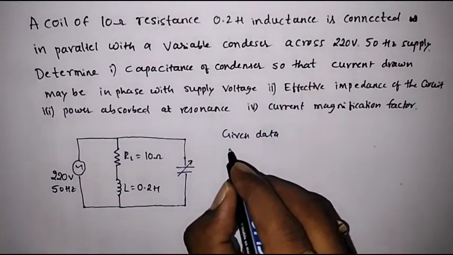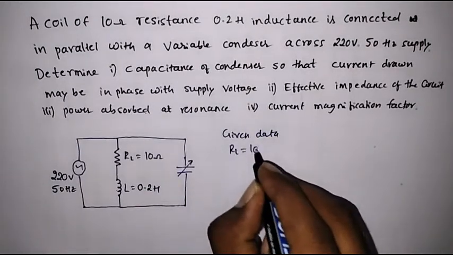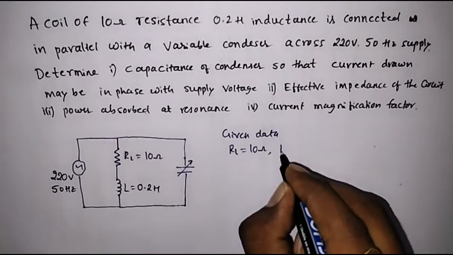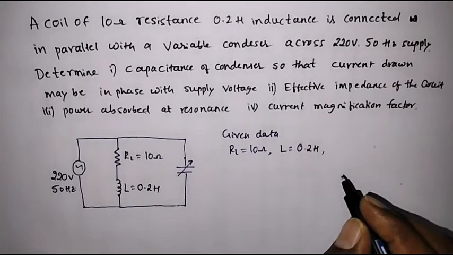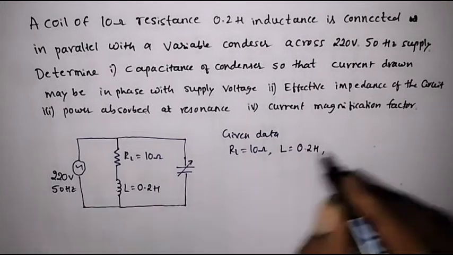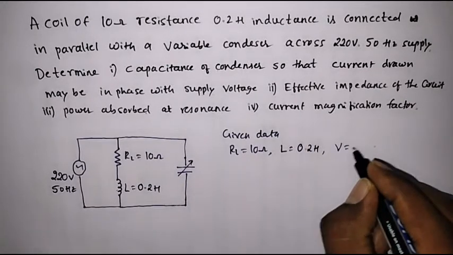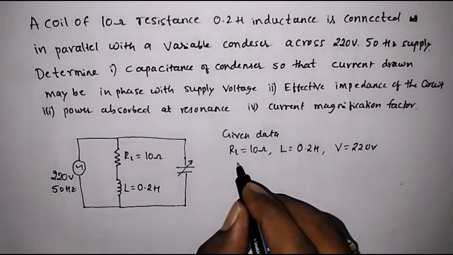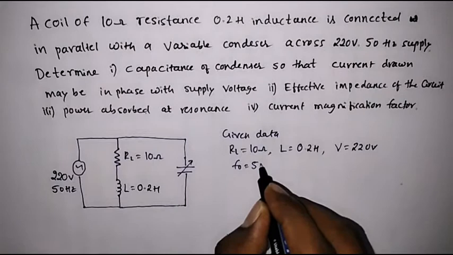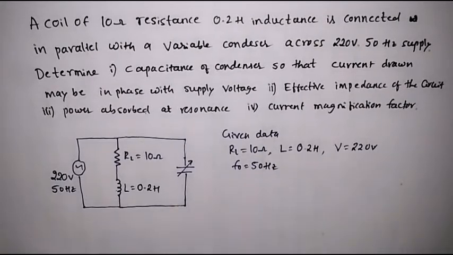In this problem, RL is given, that is 10 ohm, inductor value is 0.2 Henry, supply voltage V is 220 volts. Here 50 Hz is nothing but resonant frequency, that is 50 Hz.